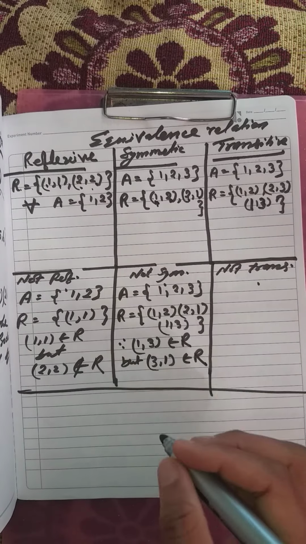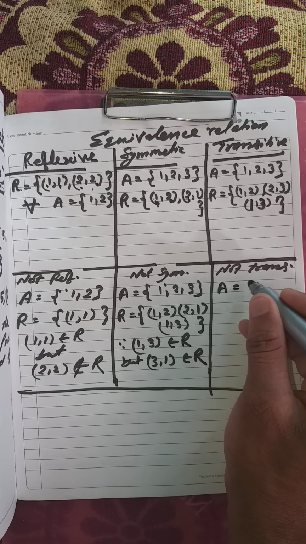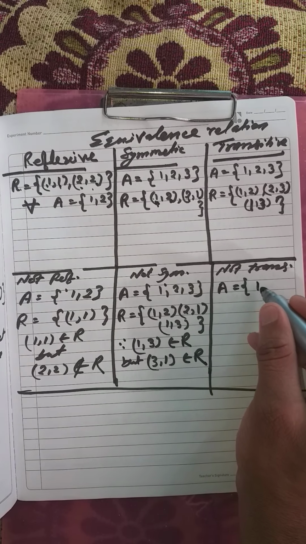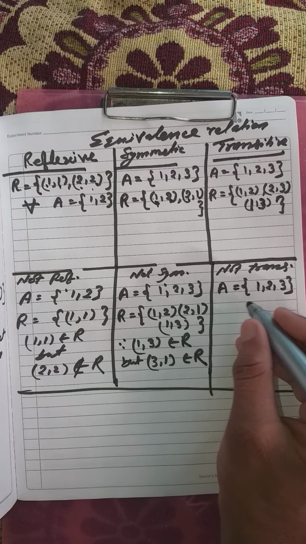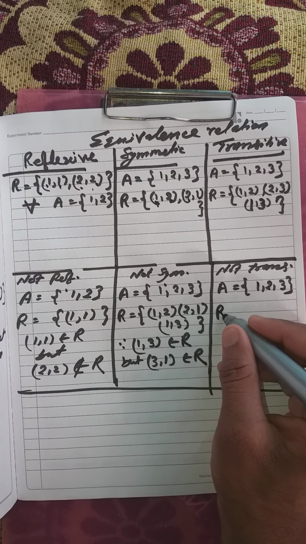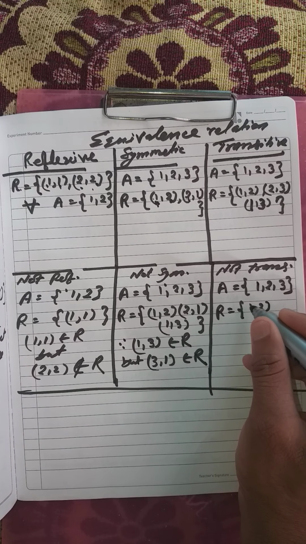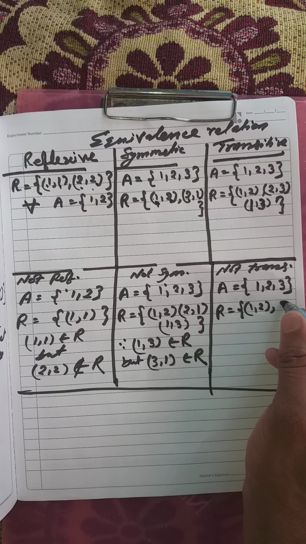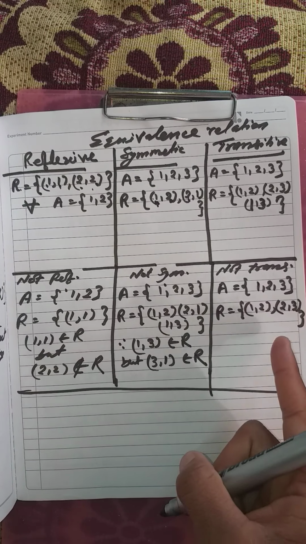Now come to the transitive. Let us suppose I have a set A having elements 1, 2, 3, and a relation R having elements (1, 2), (2, 3). Is this transitive?